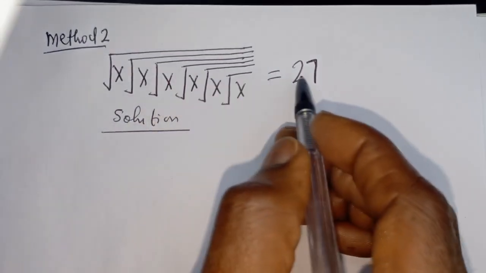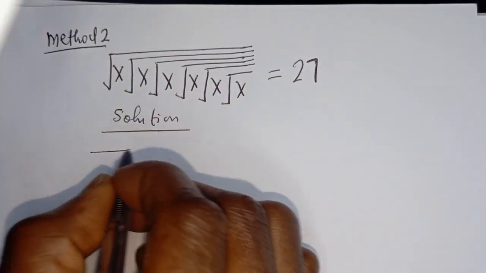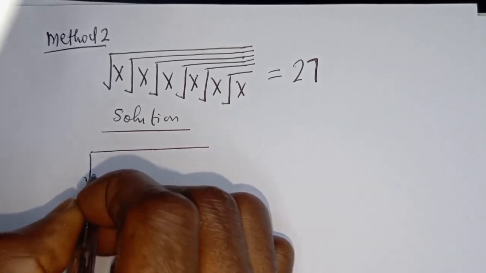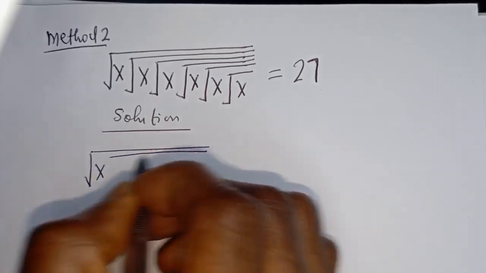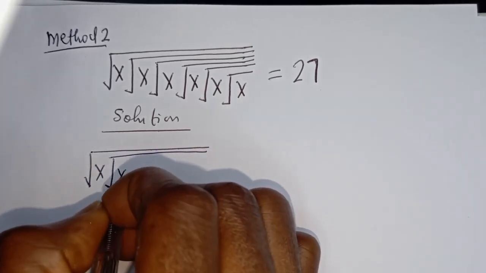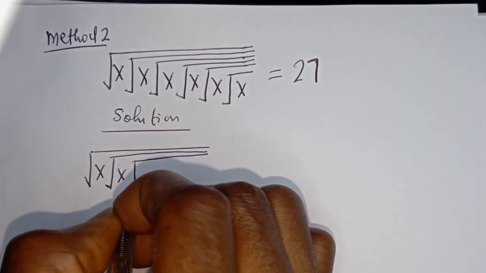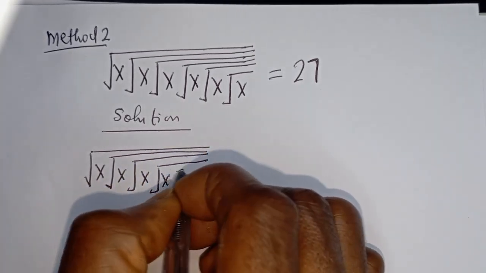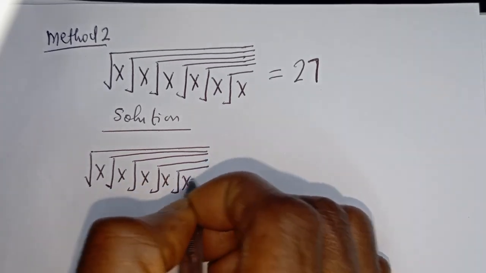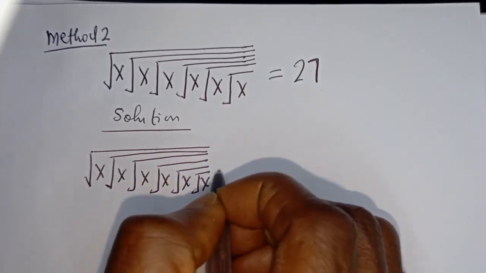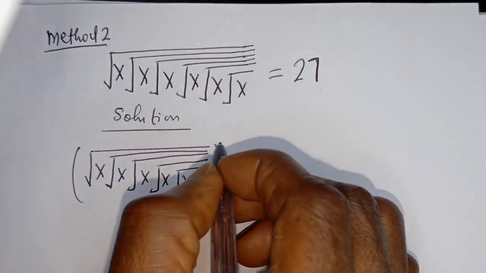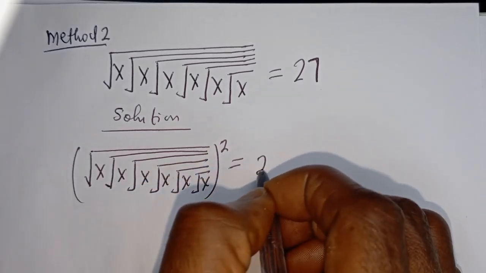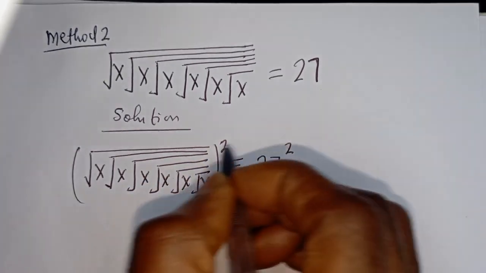Then let's square both sides of this equation. That is, we have square root of s, square root of s, square root of s, square root of s, square root of s, all squared, is equal to 27 squared.